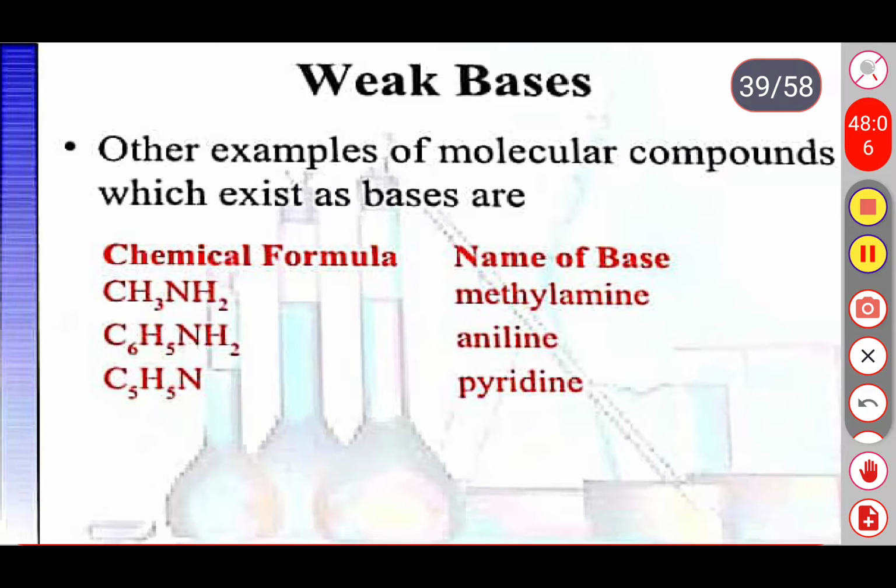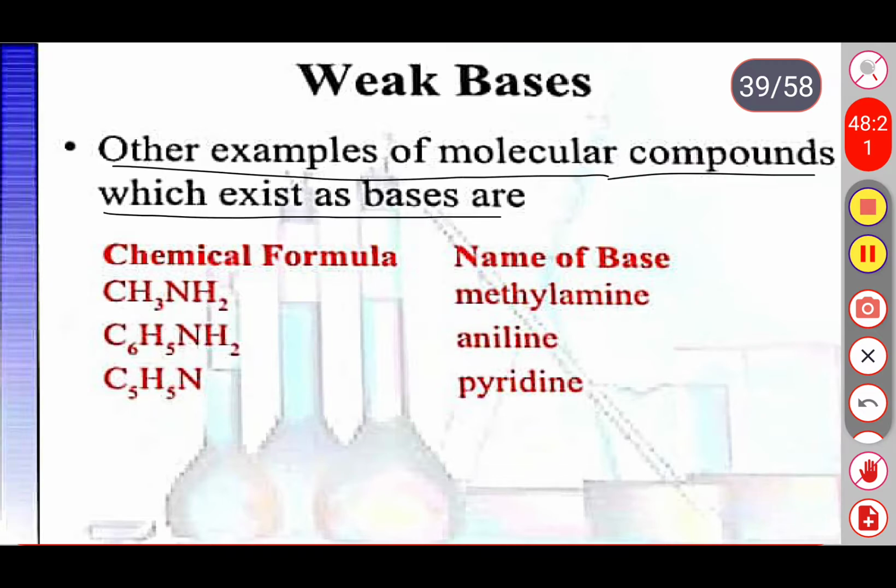Other examples of molecular compounds which exist as bases, some of the weak bases, are listed here. First one is methylamine, second one aniline, and third one pyridine. So these are some examples of weak bases.